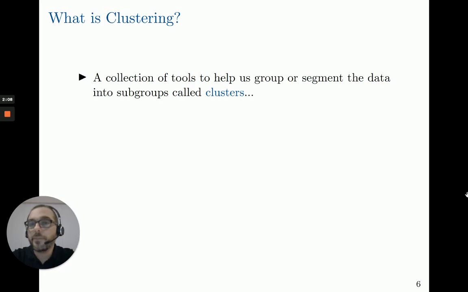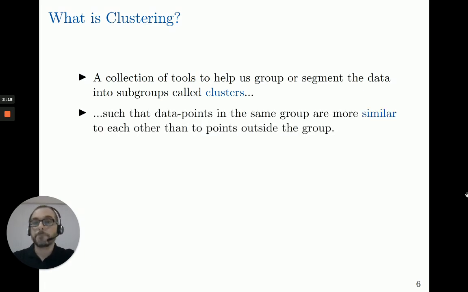So what's clustering? It's a collection of tools to help us group data into different subgroups, and these subgroups are called clusters, such that data points in the same groups are more similar than data points in different groups. So why would we do that?